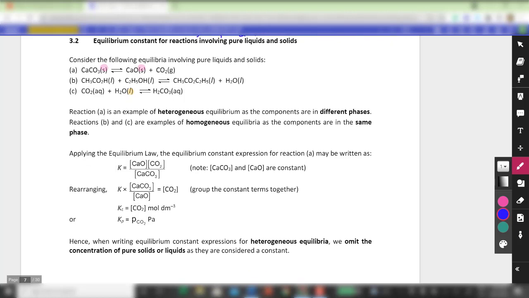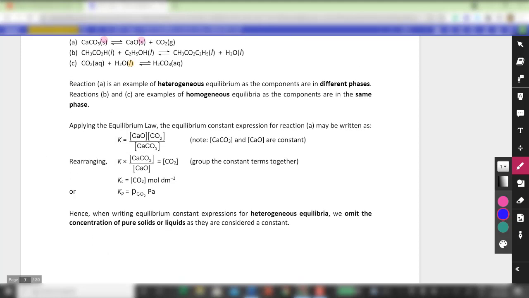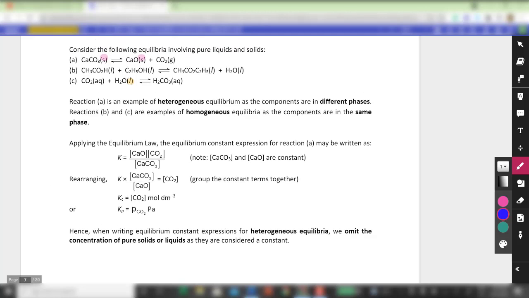So how do we consider something as different phases? There must be a clear phase boundary. If you apply the equilibrium law to part A, which is typed out here for you, you write them out as CaO, CO2, and CaCO3. If you rearrange them, you'll notice that your equilibrium constant is just equal to the concentration of CO2.